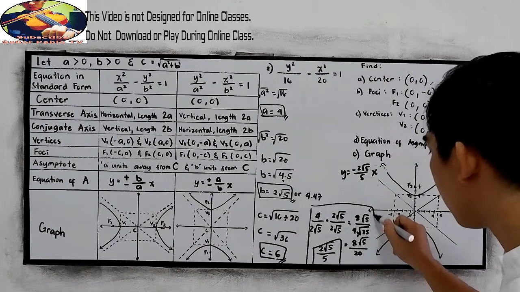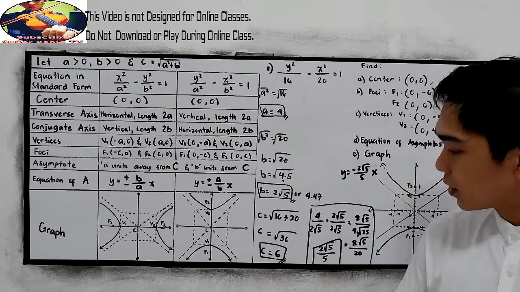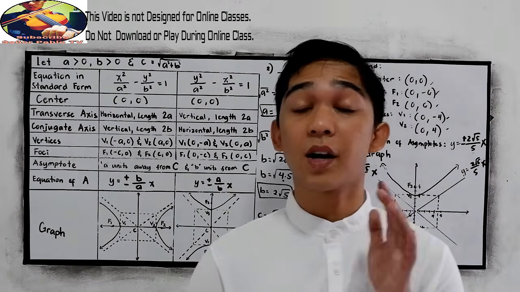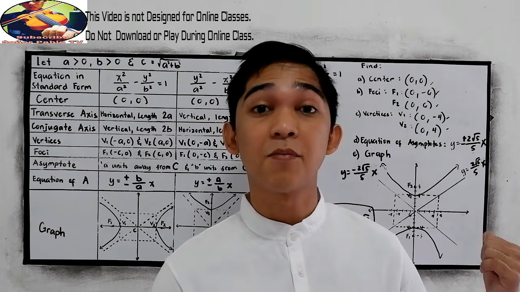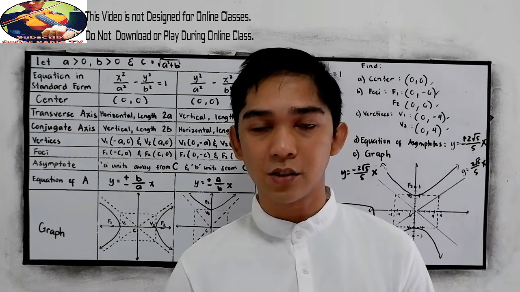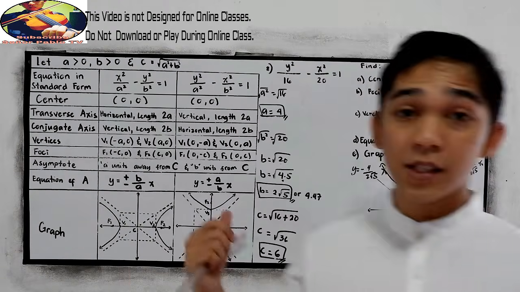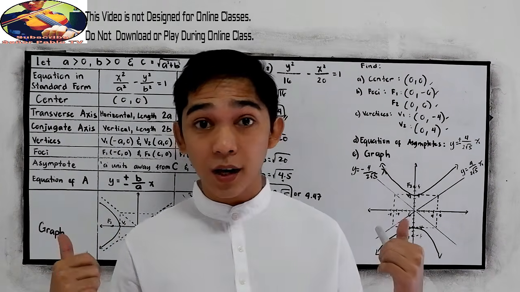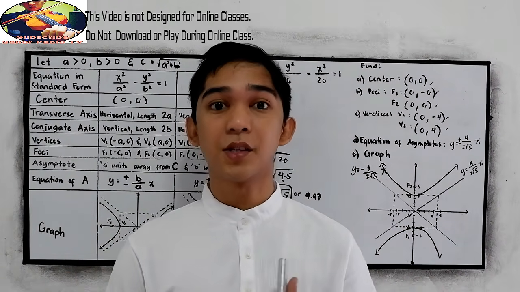Kindly recall your lesson on simplifying radicals. You will need that in simplifying your final answer. So this is our second example for the hyperbola. See you in our third example.